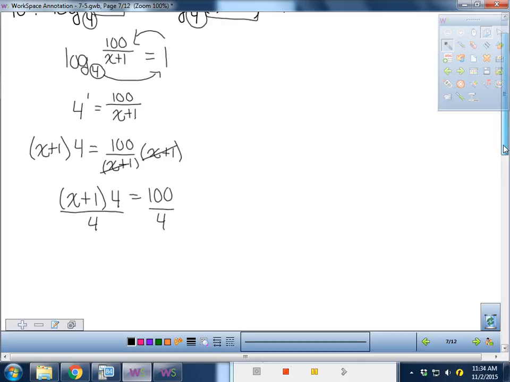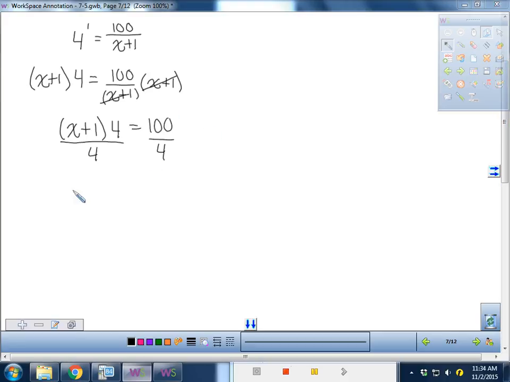You could have distributed, but it's not going to work out well for you. It's easier to do it this way. So I get x plus 1 equals 100 divided by 4, which is 25. It's kind of like a dollar divided into 4. All right, so I will subtract the 1, and I get x is equal to 24.